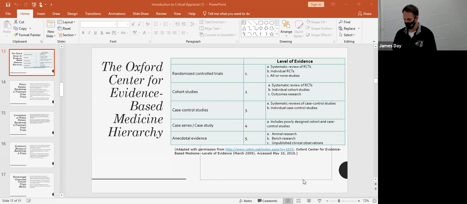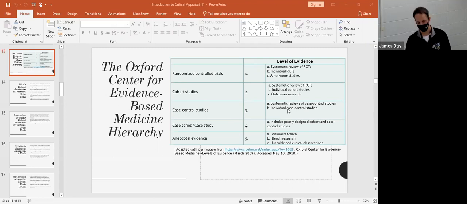Levels of evidence. This is the Center for Evidence-Based Medicine hierarchy, and these are the different levels that we're going to use. 1 represents a higher level of evidence, more control, more internal validity.